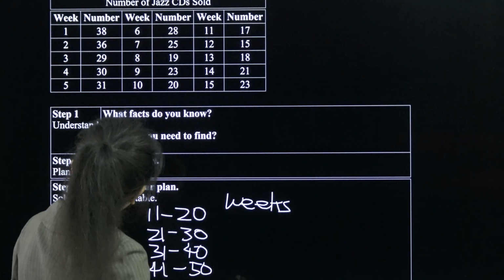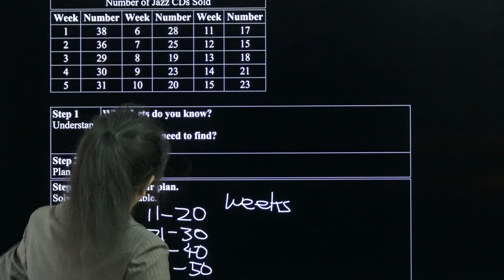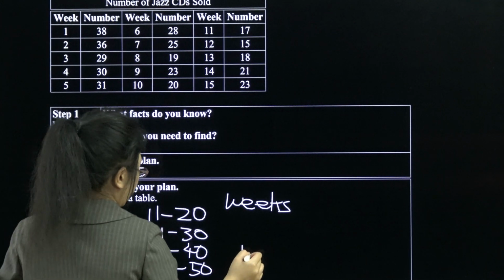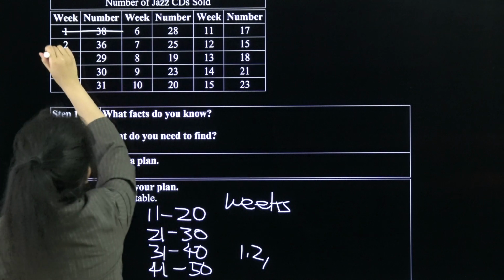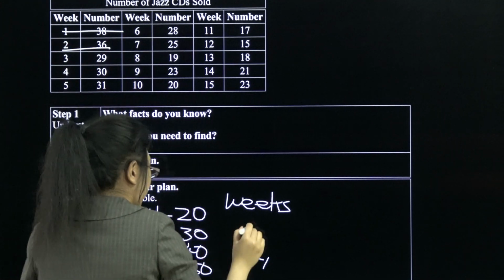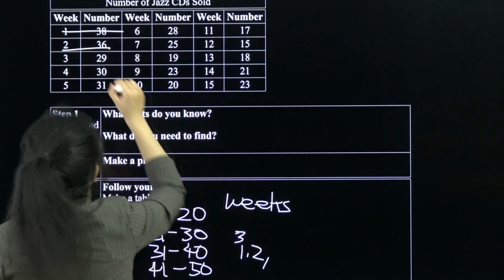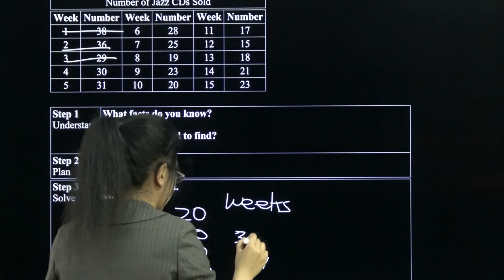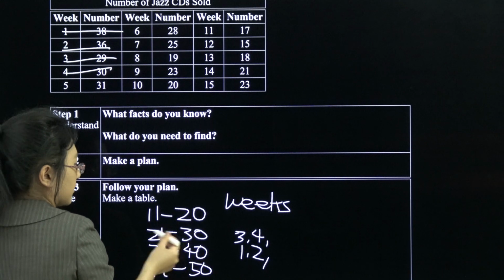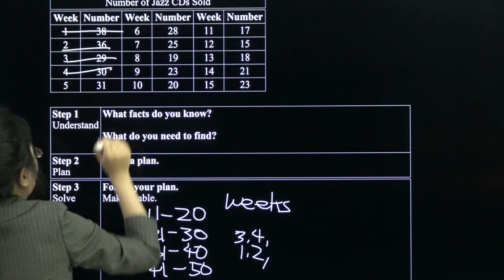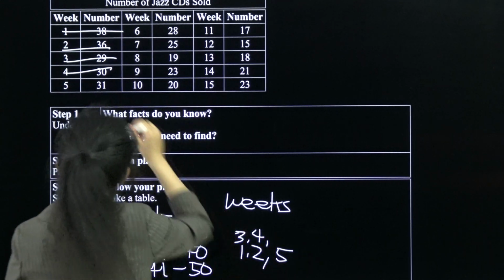And now let's do this. Week 1, it's 31 to 40, so week 1 is one of them. Week 2 is also one of those. Week 3 is 29, so it's over here. Week 4 is 30, it's right there still because 21 to 30. Week 5 is 31.